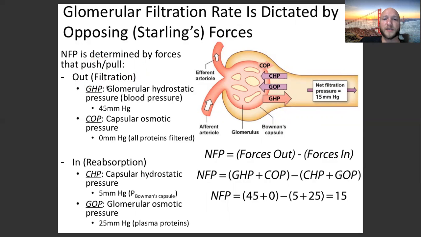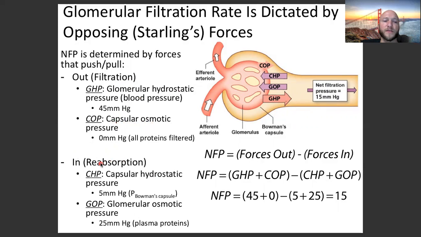So the forces out, the forces that are promoting filtration, we have glomerular hydrostatic pressure. So the hydrostatic pressure, the blood pressure within the glomerulus. We have capsular osmotic pressure. So the pressure that dissolved proteins are pulling fluid that way. No proteins get out into the capsule, so there's no proteins pulling fluid into the capsule.